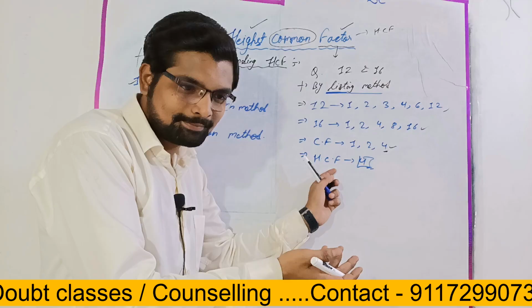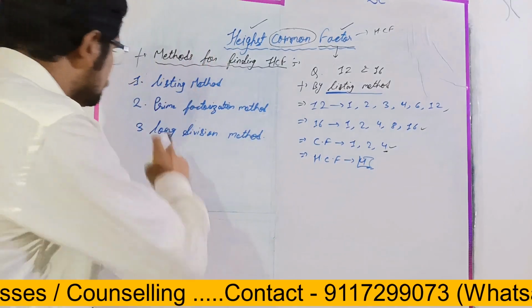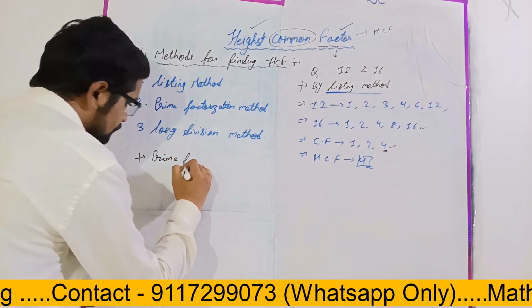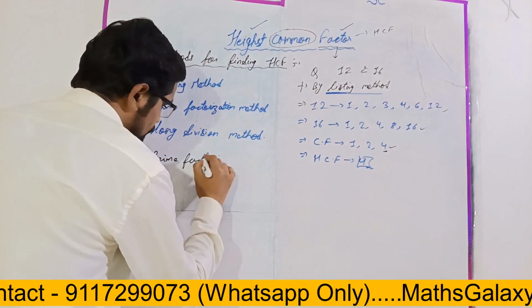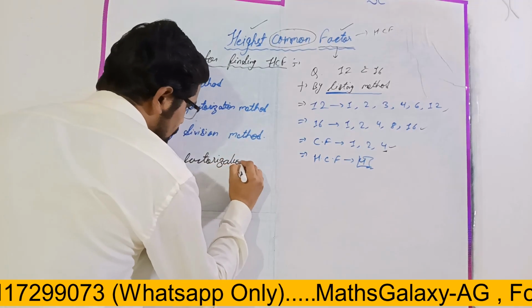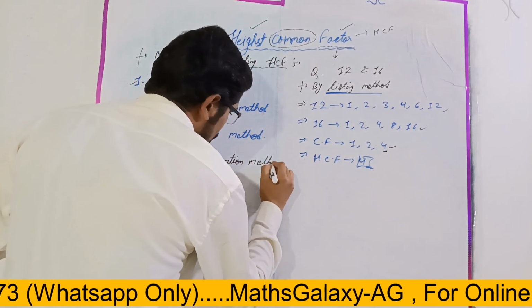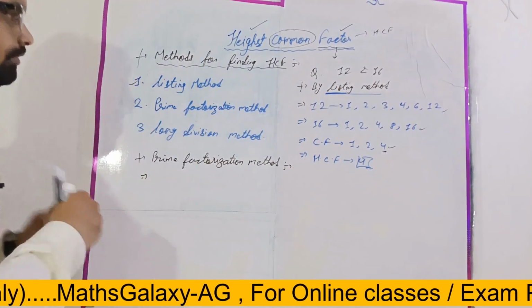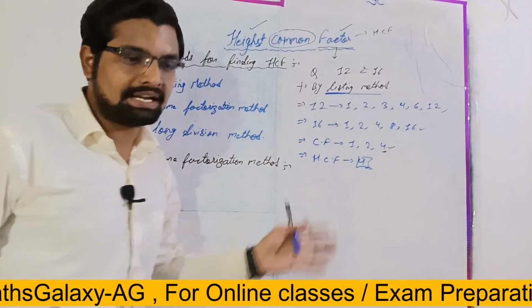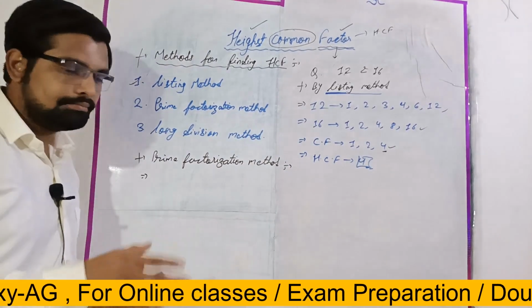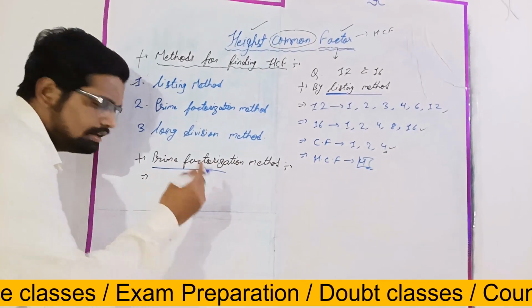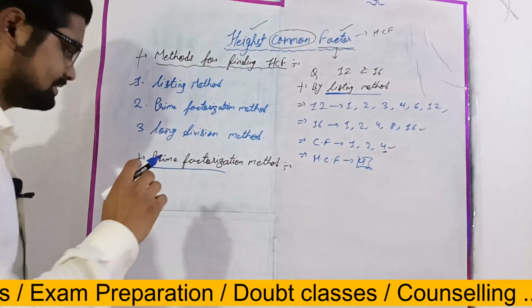It's too simple, right? Now come to the prime factorization method. Okay, it's also too simple. Here we have to prime factorize, and the meaning is already hidden in the name.